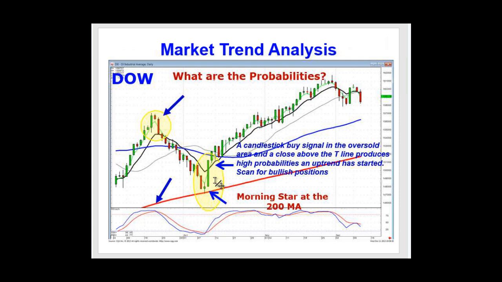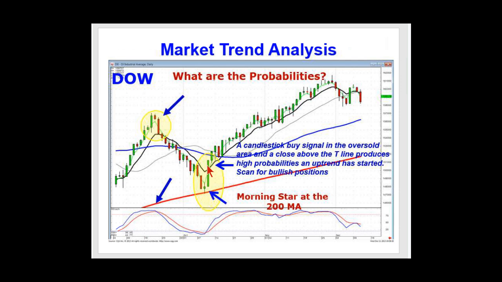So this is not rocket science. Very simple. If you see the Dow do an evening star signal in the overbought condition, the probabilities are we're heading down. See a morning star signal in the oversold area, probabilities are heading up. The probabilities even get greater when we can see exactly what everybody is making a decision at, like a major moving average, number one.